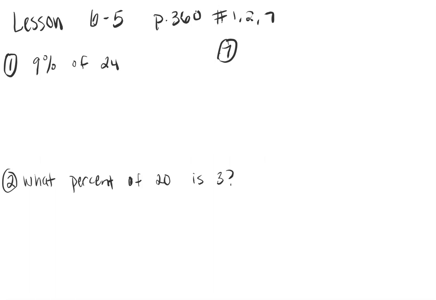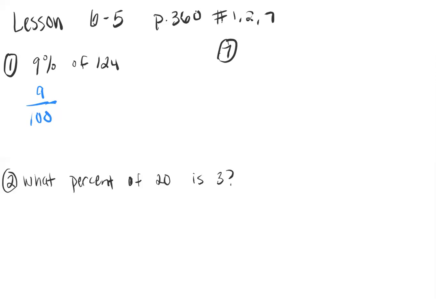Number 1 says we want to find 9% of 124. Let's go ahead and set up 9% as a fraction, which is going to be 9 of 100. 9%, 9 per 100, of 124.